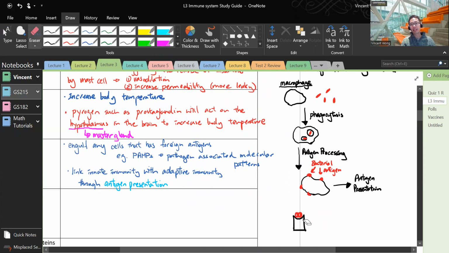By putting it on one of these special markers that are part of the body's own antigens, it distinguishes itself from when it is on the bacterial surface alone. Does that make any sense?